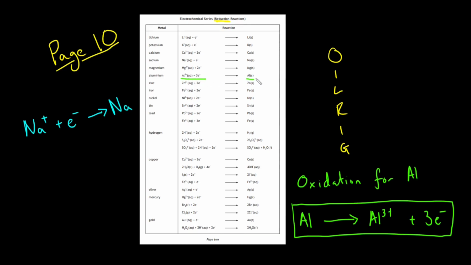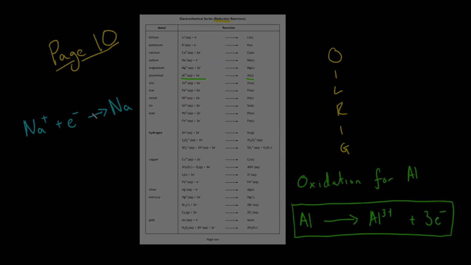And I can always double check to see if I've done it right if I remember OIL RIG. I was asked to write down an oxidation for aluminium, so oxidation is the loss of electrons. Let's check it out. I've got aluminium as my reactant, turning into the Al3+ ion by losing 3 electrons. So that aluminium has broken down into Al3+, and it has also lost 3 electrons to do so. Okay, I've done it right. And the same with the reductions. Reduction should be gaining the electrons.